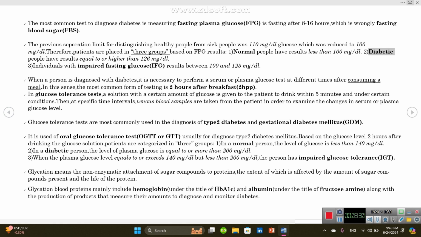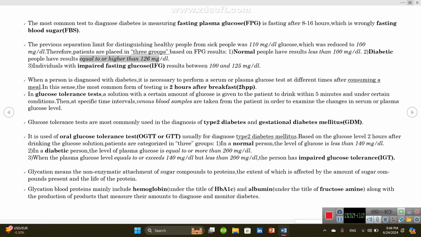Diabetic people have results equal to or higher than 126 milligram per deciliter. And the last one is individuals with impaired fasting glucose, IFG, with results between 100 and 125 milligram per deciliter. Okay, this categorizing algorithm helps us to look for diabetic people among normal people and to treat them.